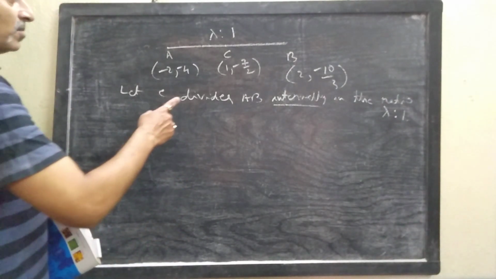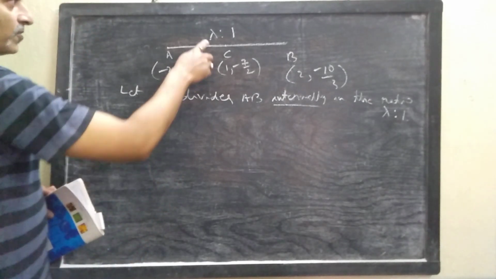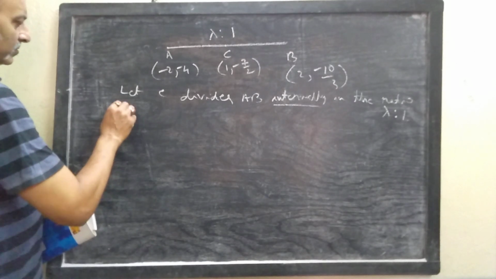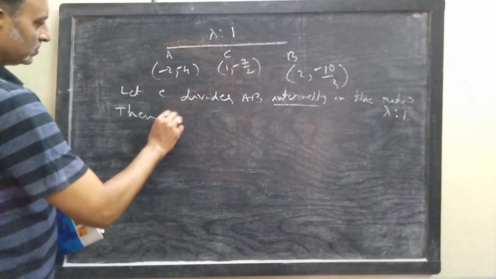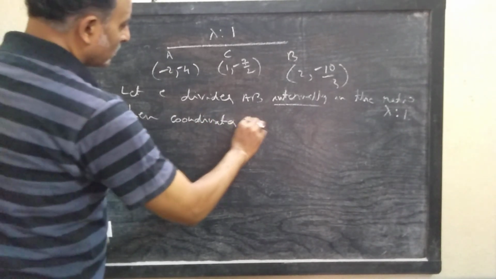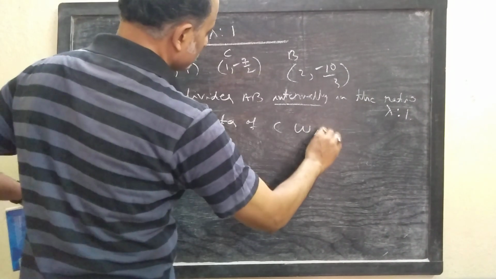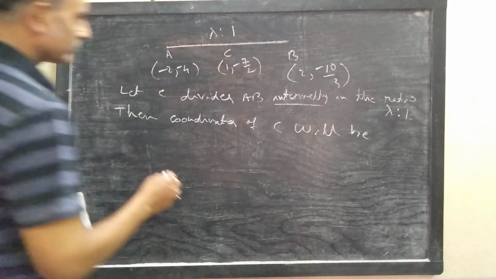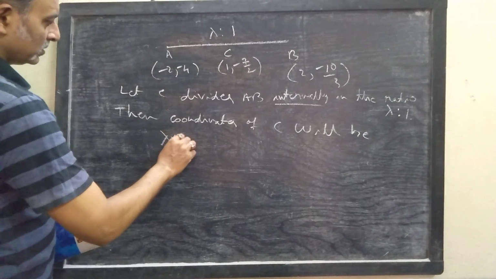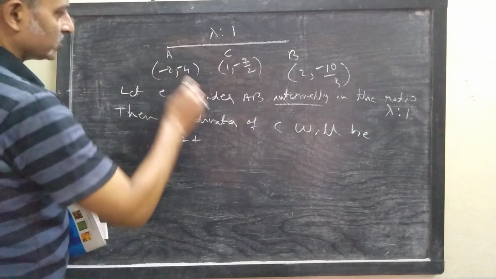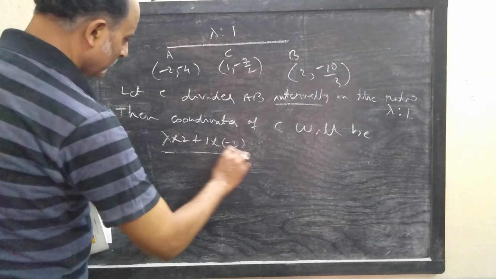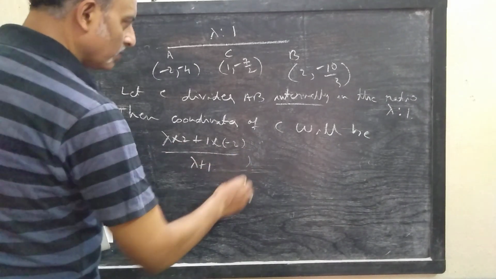Now, what will be the coordinates of the point C if it divides AB internally in the ratio lambda is to 1? Then the coordinates of C will be, look, lambda into 2, m x2, plus n x1, 1 into minus 2, by lambda plus 1, m plus n.